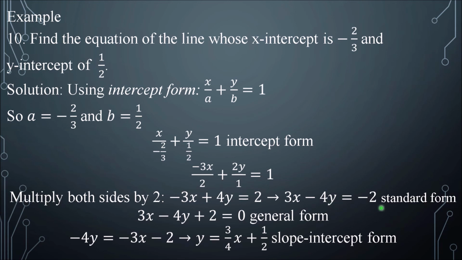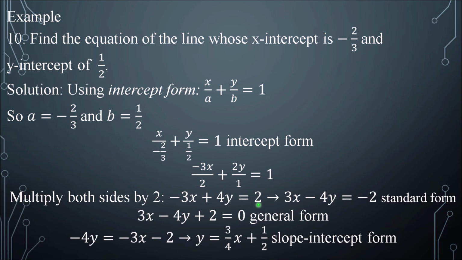And then we multiply negative 2 by 1, so the result is negative 2. So we have the standard form, 3x minus 4y equals negative 2. Okay? So another method is multiplying all sides by 2. So as a result, we have negative 3x plus 4y equals 2.